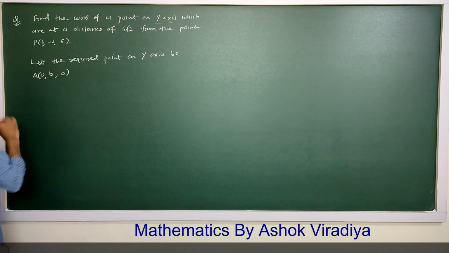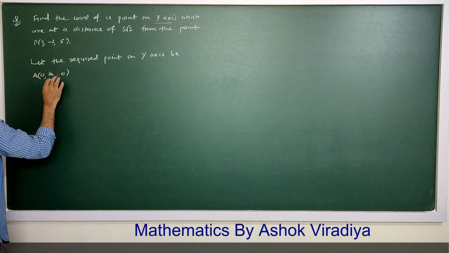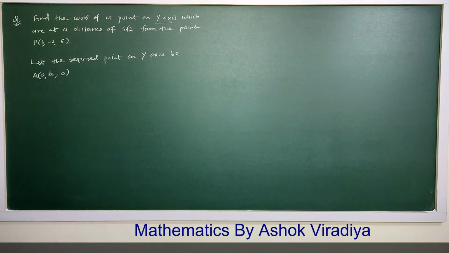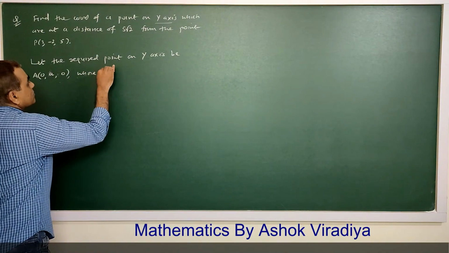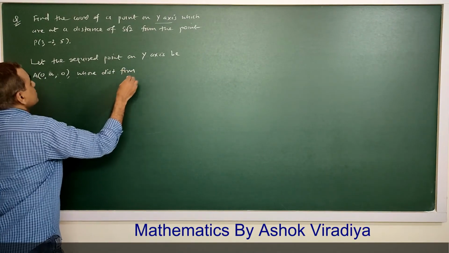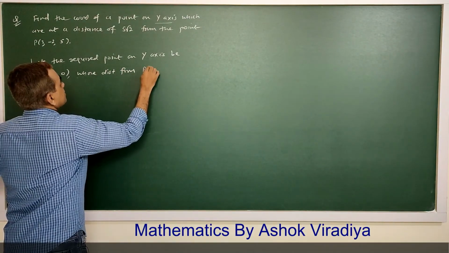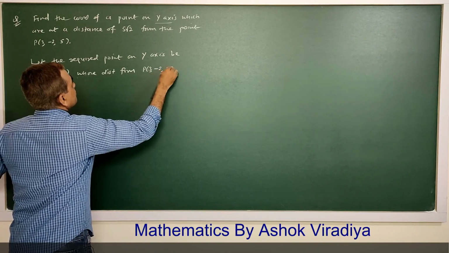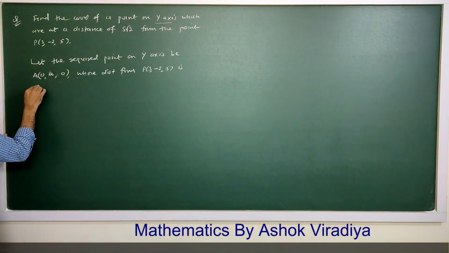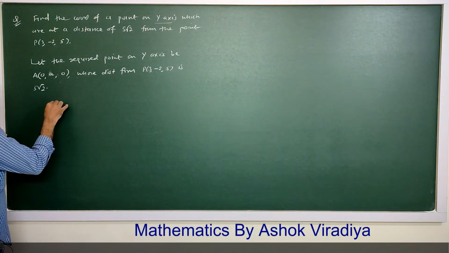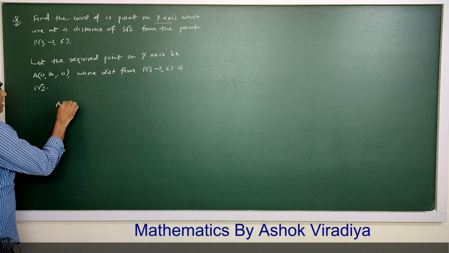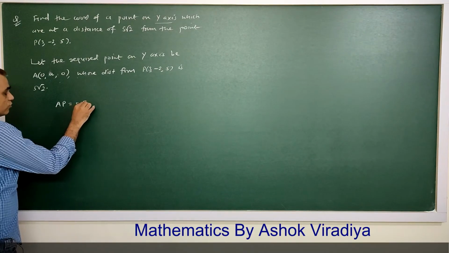We suppose the y coordinate is, we can use any symbol, suppose we take a. So A is (0, a, 0), whose distance from point P is 5 root 2. So distance of A from P is 5 root 2.